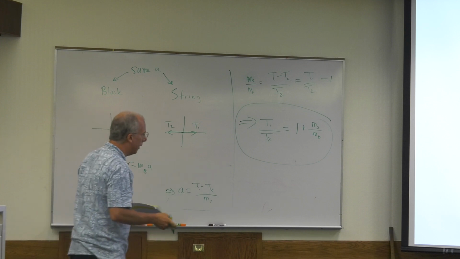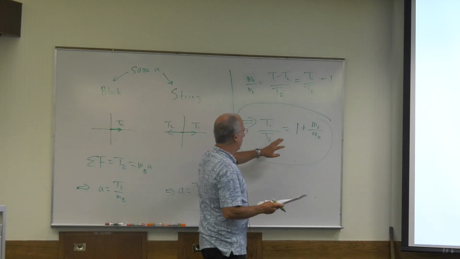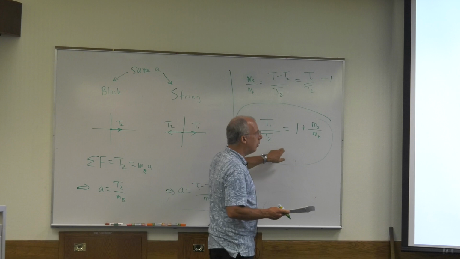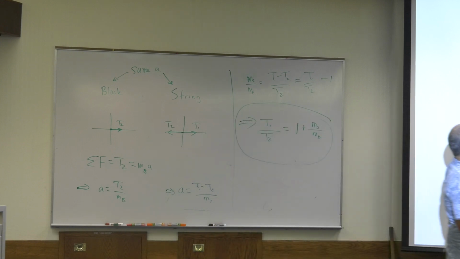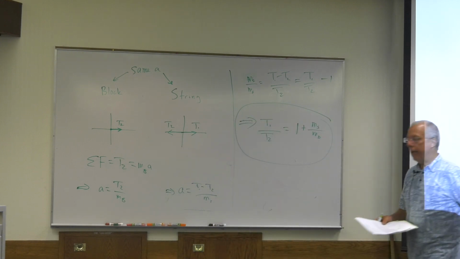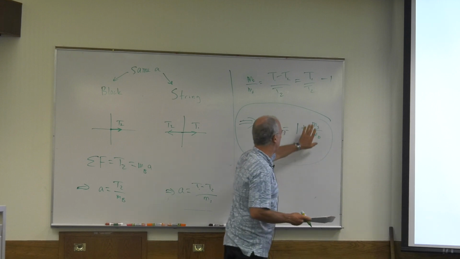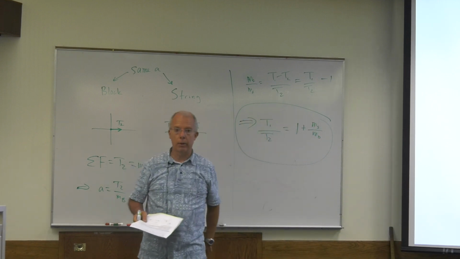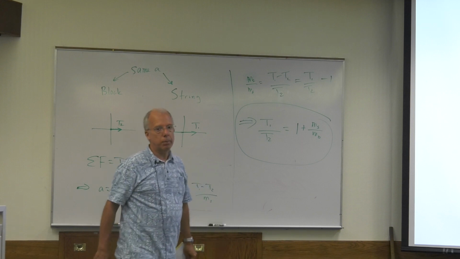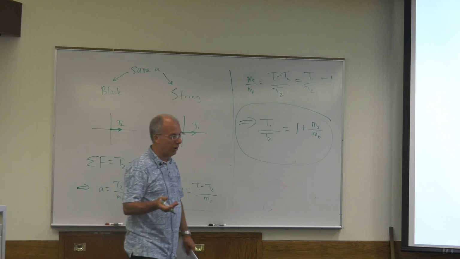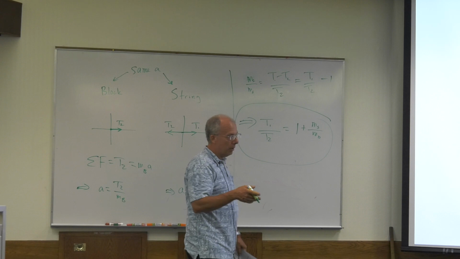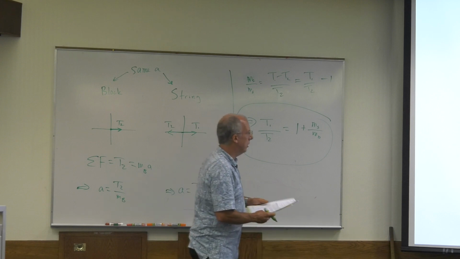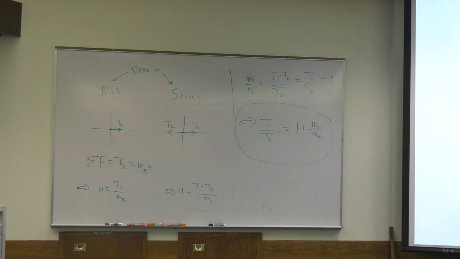Now again, look. T1 is not equal to T2 if this string has mass. If the string does not have mass, then this is 0, and T1 does equal T2. That's why for all the problems we've done so far, we've always said massless string, so the tensions have always been the same.